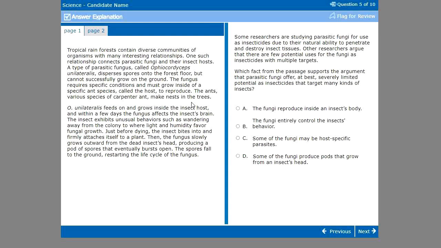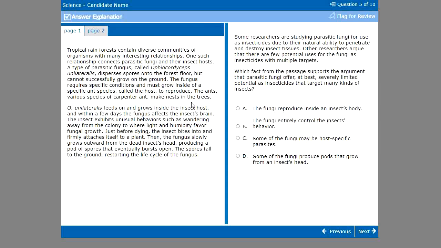Before it dies, it will firmly bite into a plant, usually a little bit above ground, and the fungus, the fruit body, will grow out of the dead insect, and when the spores are ripe, the spores will fall to the ground again, where more ants can be infected.